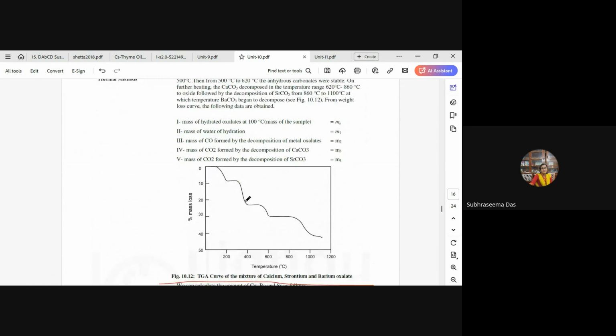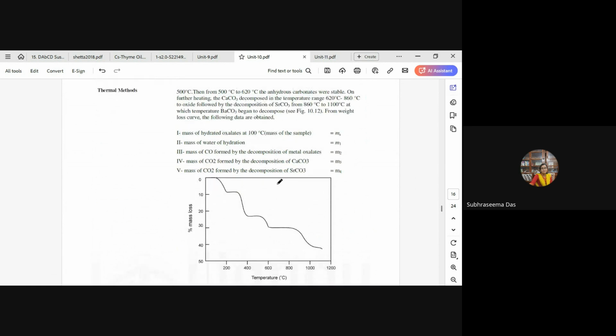From 500 degrees centigrade to 600 degrees centigrade, the anhydrous carbonates were stable. On further heating, the calcium carbonate, we know, decomposes in the region of 620 to 860, which is followed by decomposition of strontium carbonate from 860 to 1100, after which, above 1100, barium carbonate decomposes.